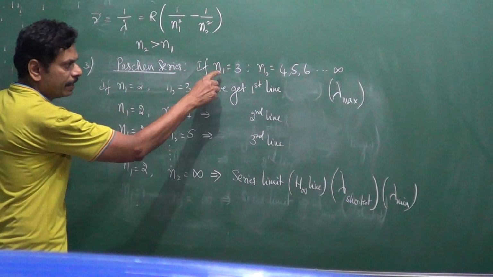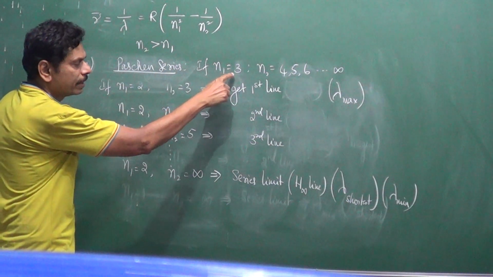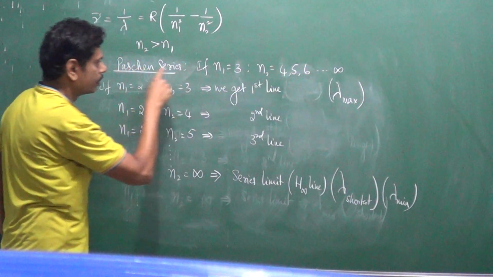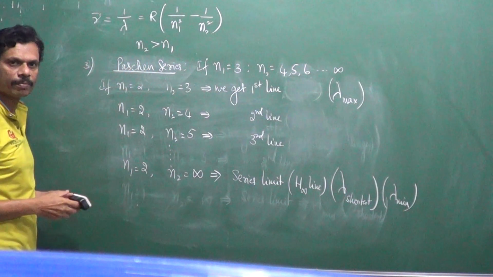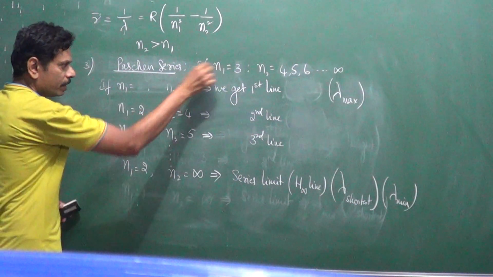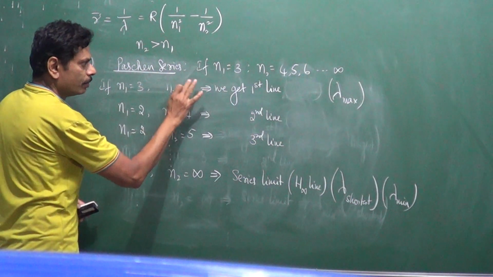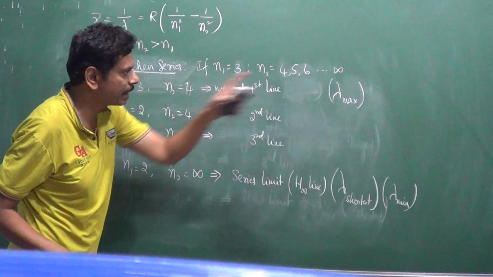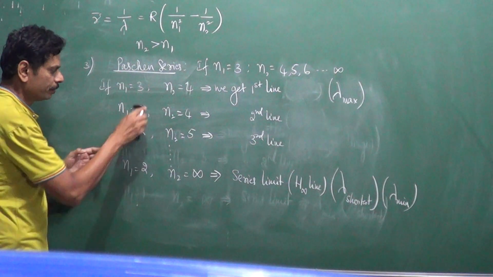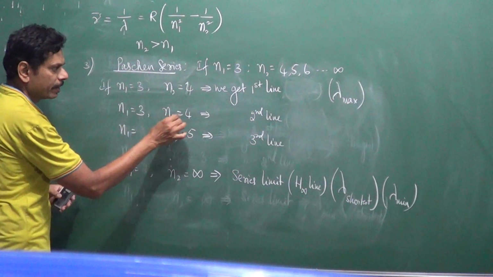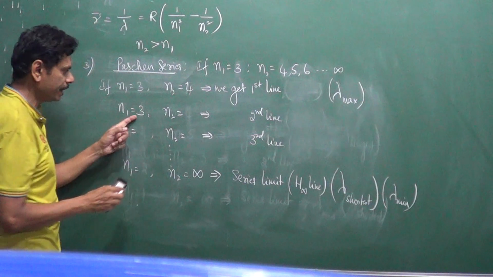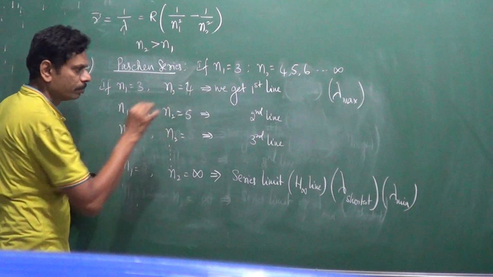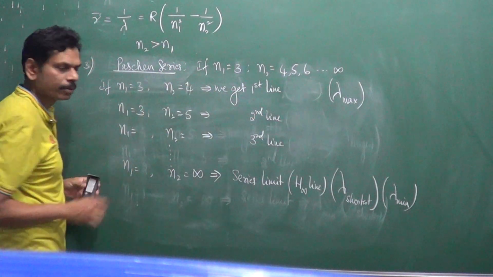For the Paschen series, the condition is N1 is equal to 3 and N2 is equal to higher order numbers. If N1 is equal to 3 and N2 is equal to 4, we get the first line, that is lambda maximum. N1 is equal to 3, N2 is equal to 5, we get the second line.